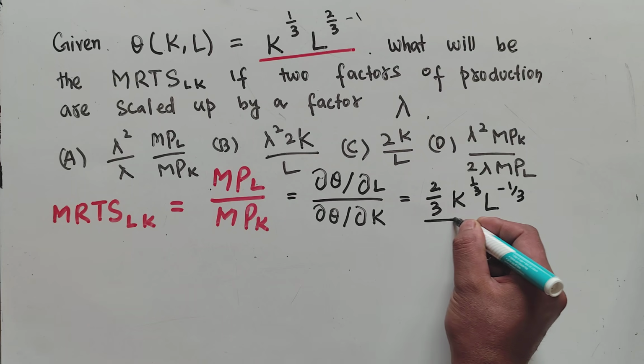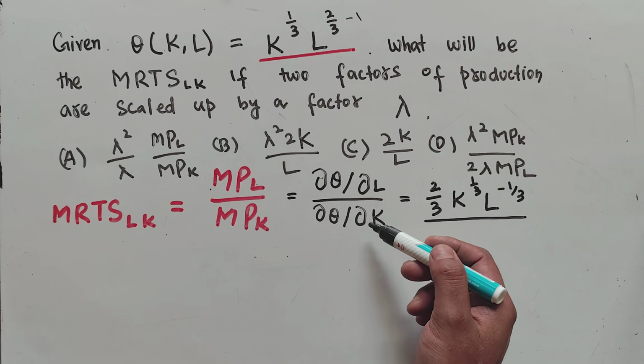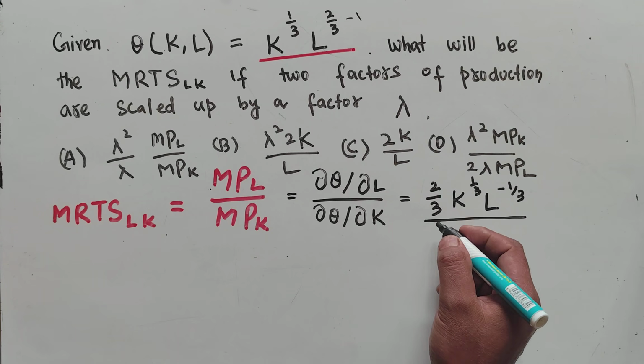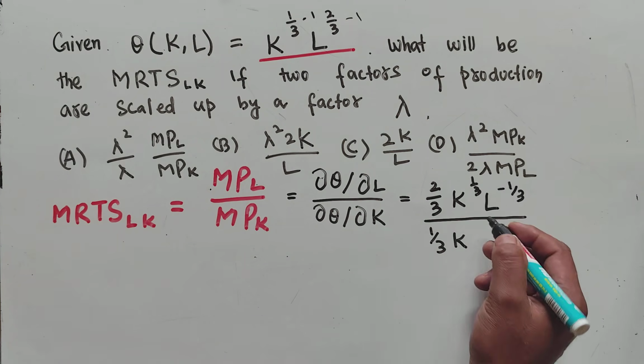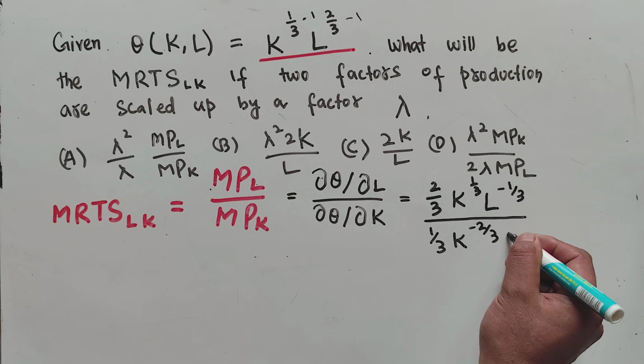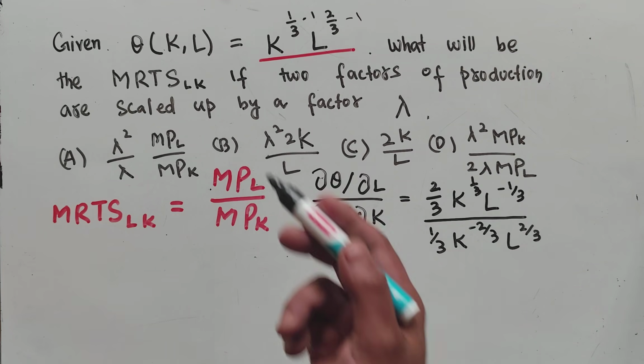But by the power function rule, you know it symmetrically. dQ/dK means the partial derivative with respect to K, so the exponent of K becomes the coefficient and the exponent is subtracted by 1, so it becomes minus 2/3, and L raised to the power 2/3 will remain the same because we are taking partials with respect to K this time.